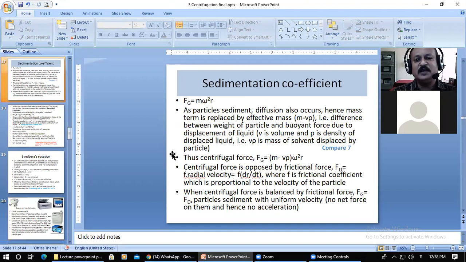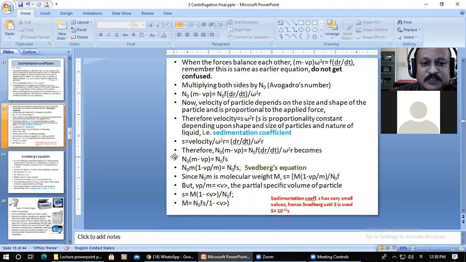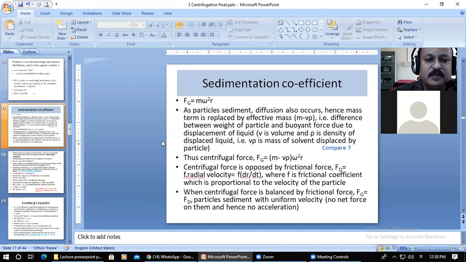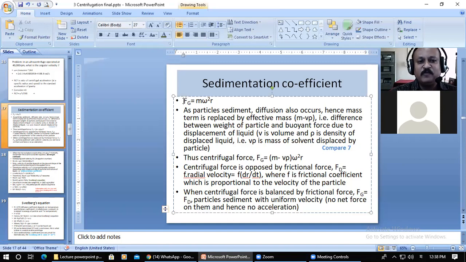Then we come to another important term, the sedimentation coefficient. Just a minute, let me see the slides first. We already know that the centrifugal force is given by m omega square r.